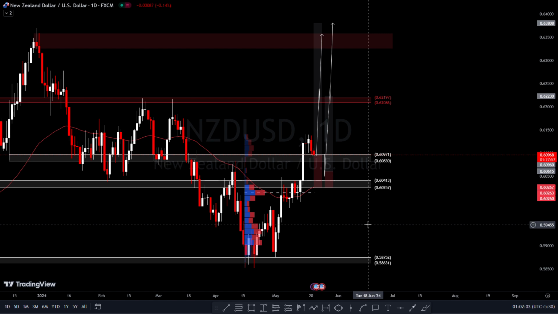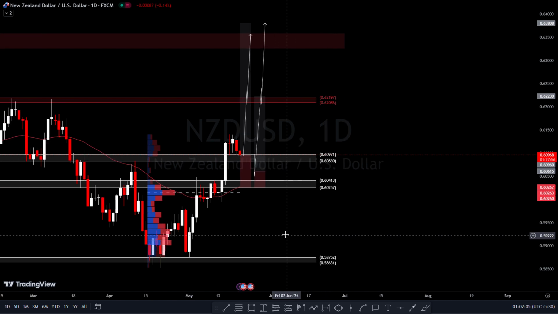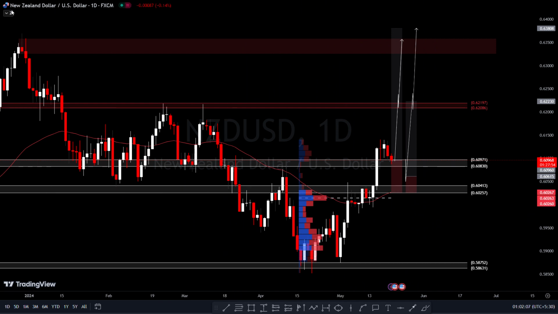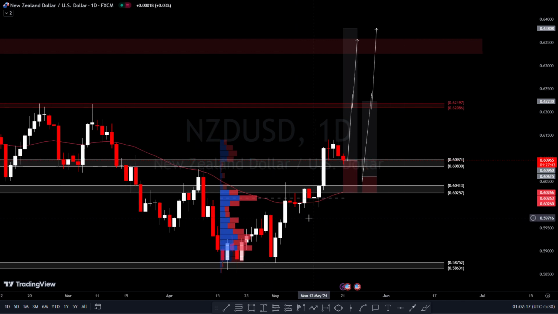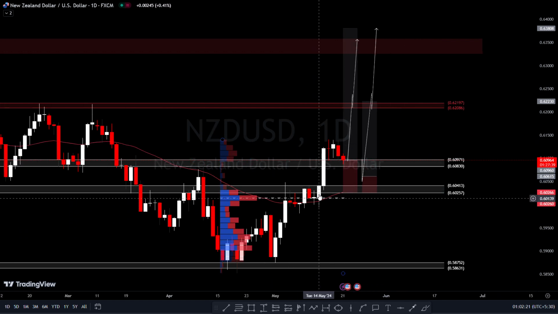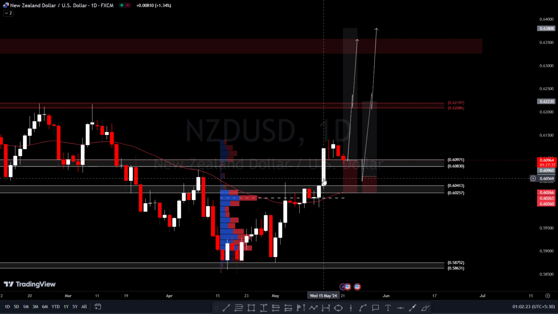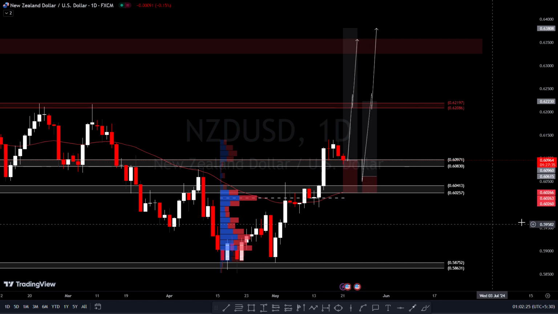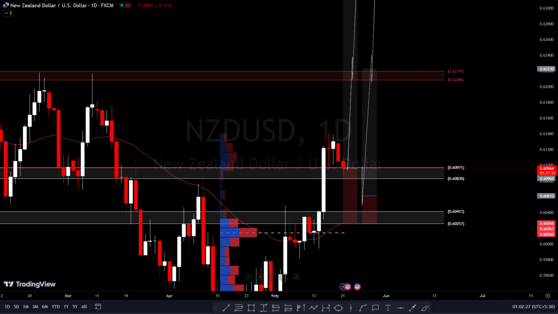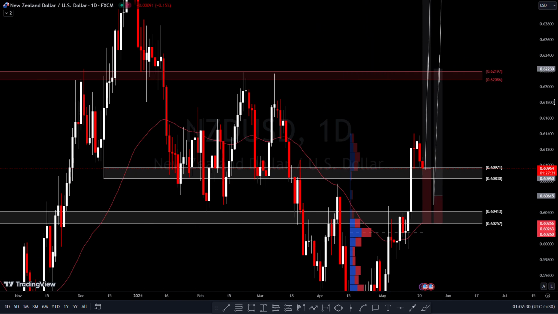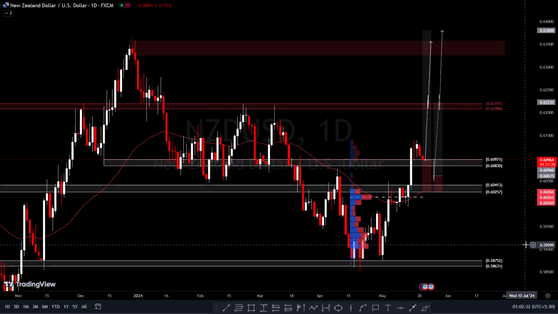And again, if you look at the 50 moving average, I have applied the 50 EMA, which has been tested and showed a nice bullish daily candle on 15 May, which was a good sign for price to continue the momentum.